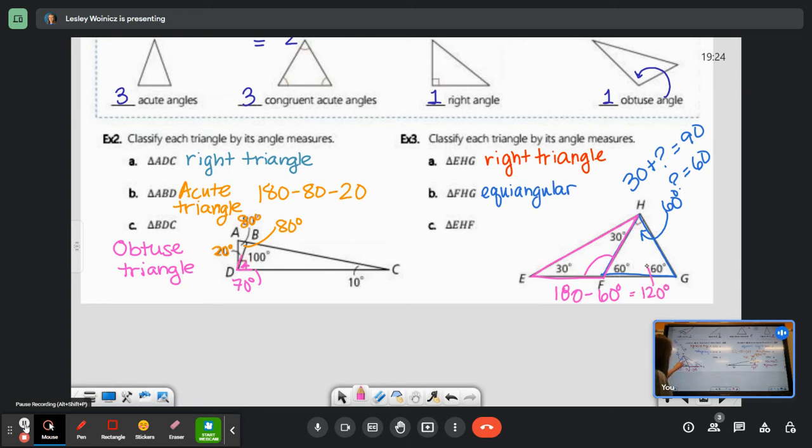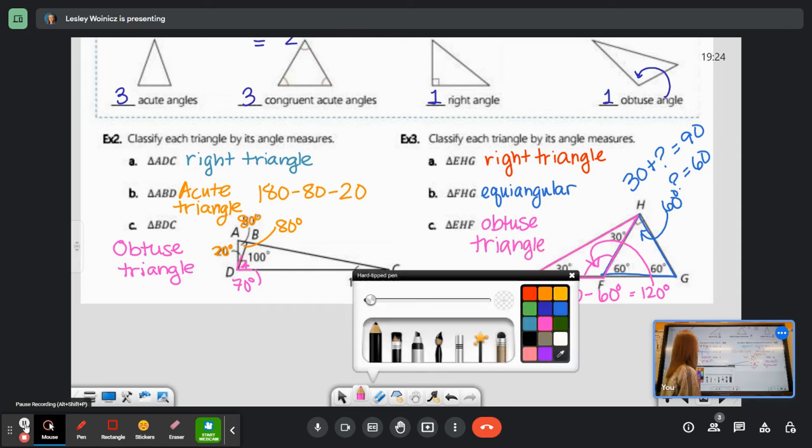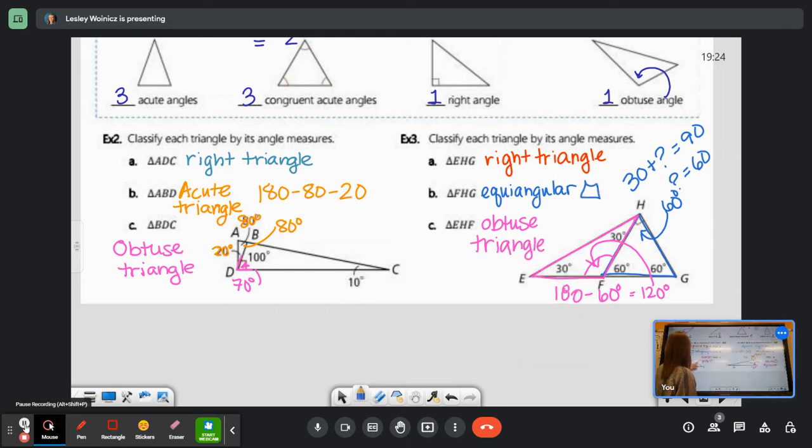So we have an obtuse angle right there. This guy is obtuse. Oh, that's the worst triangle ever. Okay. All right, that's it.